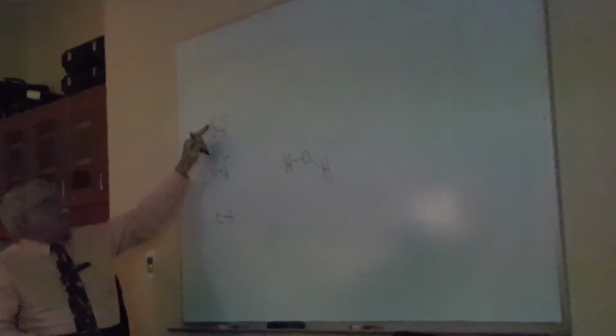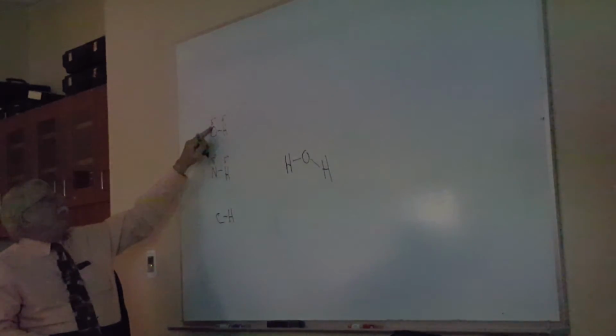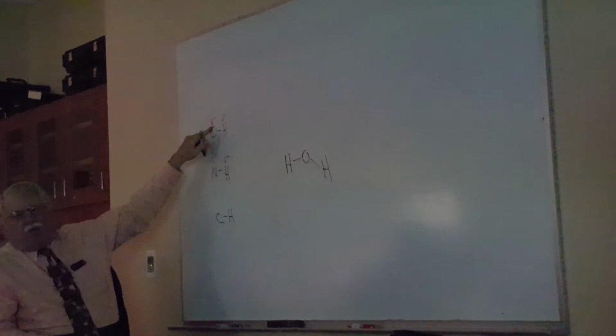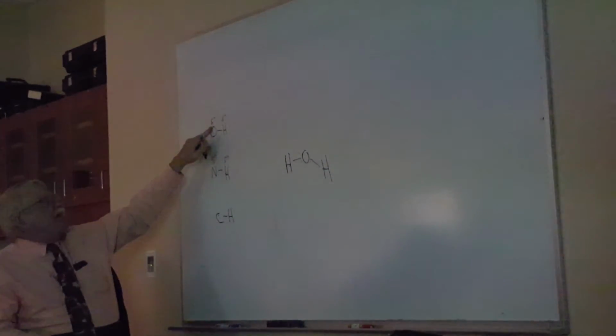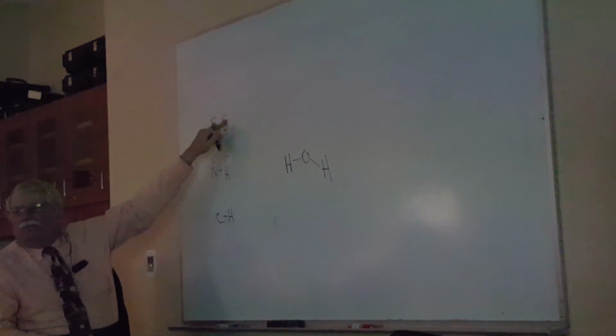And the fraction is just indicated, believe it or not, by a lowercase Greek delta. Don't ask me why they settled on that, but this little squiggly means partial. It means some fraction of a charge.